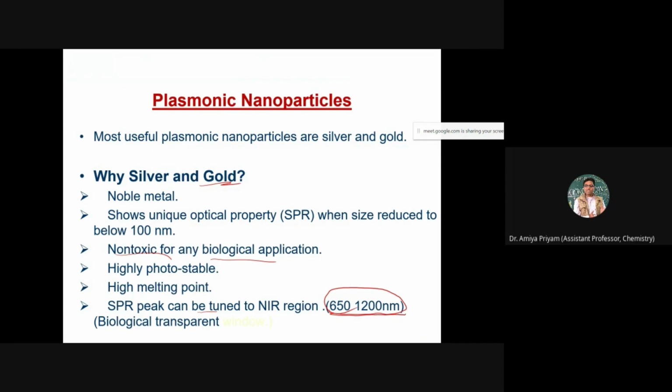That will be the most suitable one. It will not cause unwanted side effects, the damage to healthy cells will be less, and only the cancer cells or disease cells where the nanoparticles are localized will be affected. So we call it a biological transparent window.